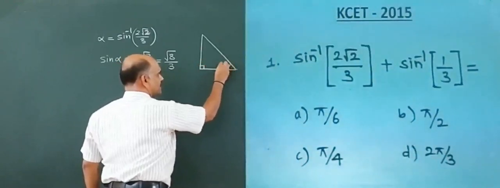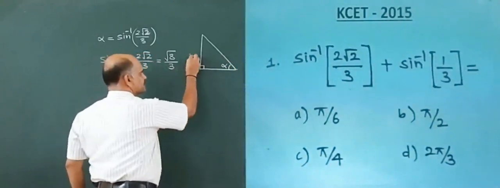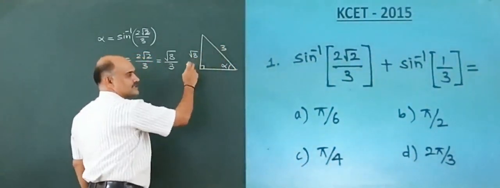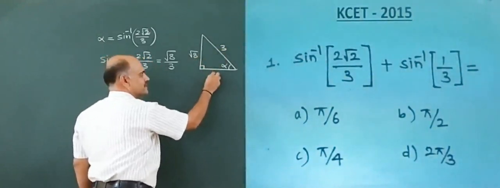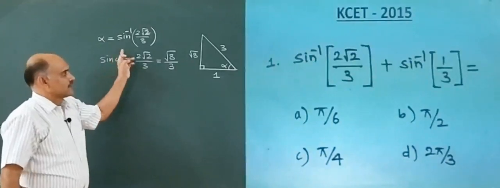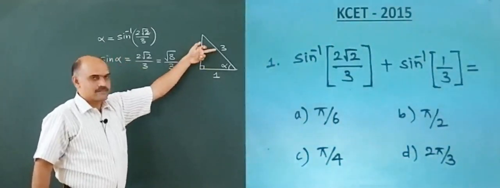If I draw a right angled triangle with angle alpha, sine is opposite by hypotenuse, so root 8 by 3. If you apply Pythagoras theorem, 9 minus 8 is 1, root 1 is 1, so adjacent will be 1. Now sine alpha is root 8 by 3, so cos alpha will be 1 by 3.